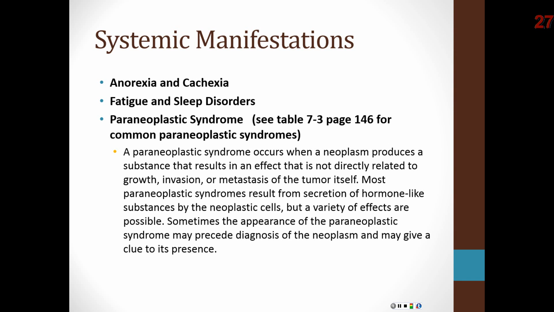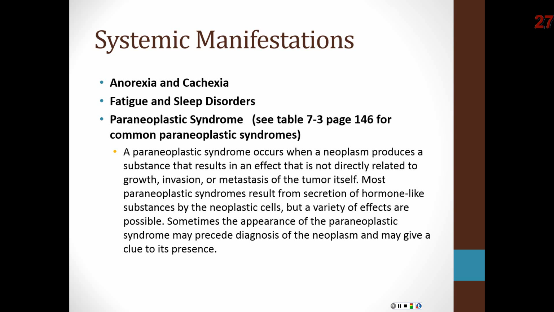But this is where cancers start producing something. A lot of times that something is a hormone that actually doesn't have anything to do with the tumor itself. It just starts producing this hormone, or a cytokine, a chemical in the body that is usually produced someplace else.